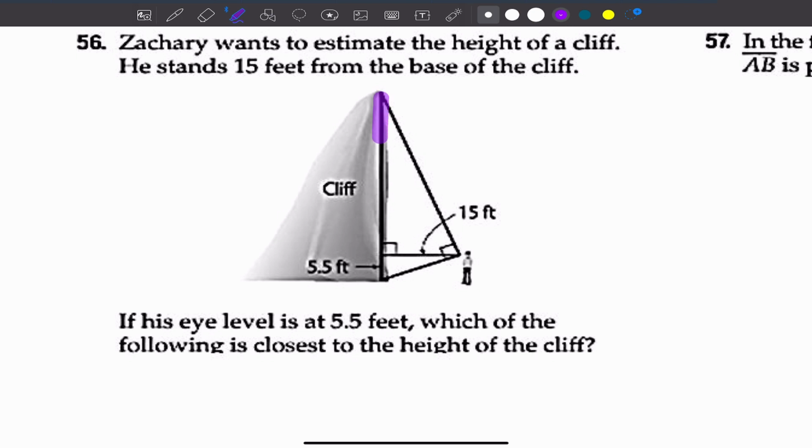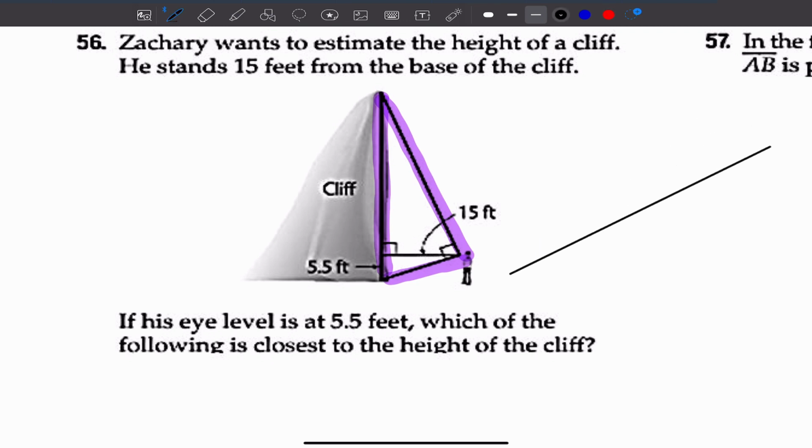If we ignore this stuff here, but if we focus on the stuff that I'm about to highlight, there is a right triangle. Curvy segment there.